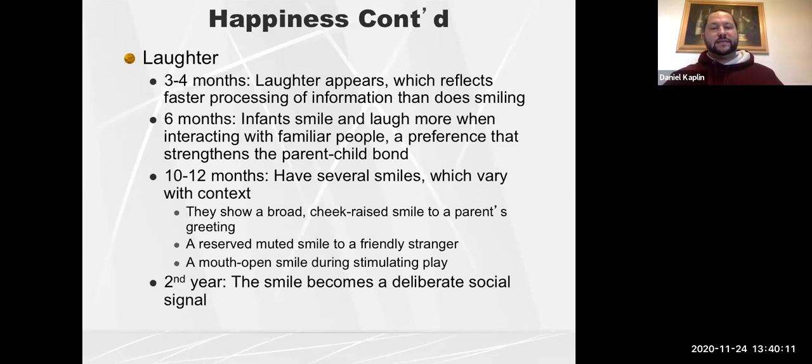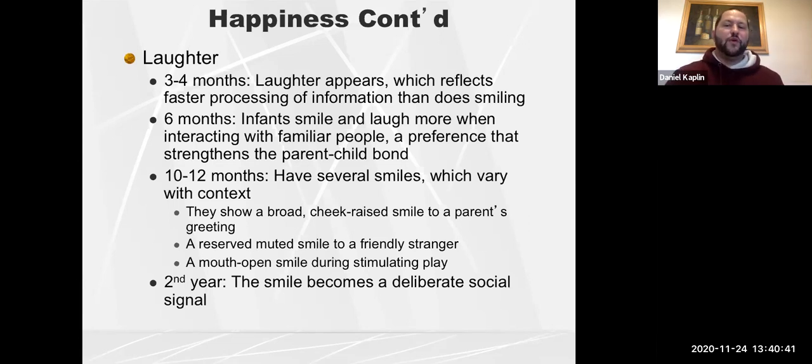And by 6 months, infants are smiling and laughing more when interacting with familiar people, which is interesting because that particular preference for interacting with people we're familiar with helps build attachment and strengthens the parent-child bond.